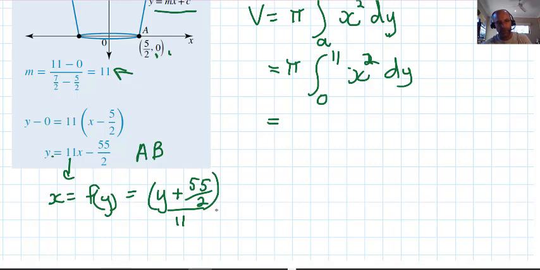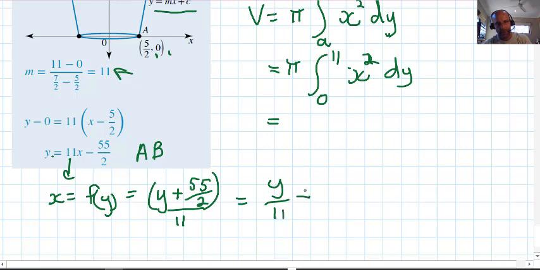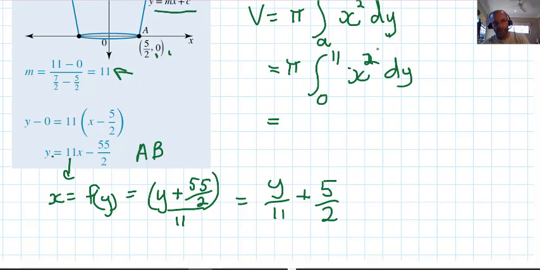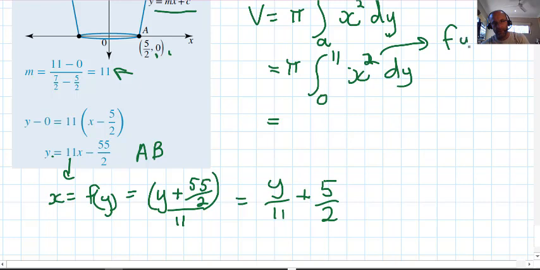Well, we could go y plus 55 on 2, over 11, and then simplify all that there, and that'd be y on 11 plus 55 over 22, or just 5 over 2. So x, or f of y in other words, is y on 11 plus 5 over 2, and that's what we need, because remember this x squared in the formula is called f of y squared.